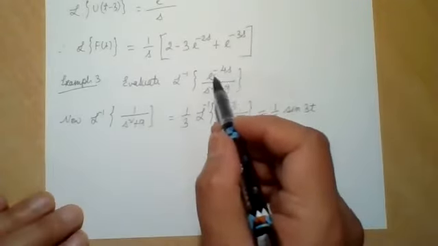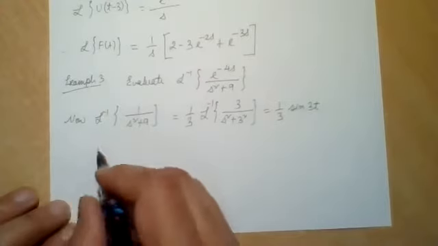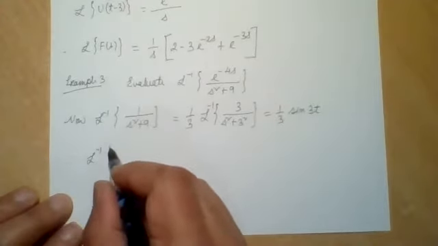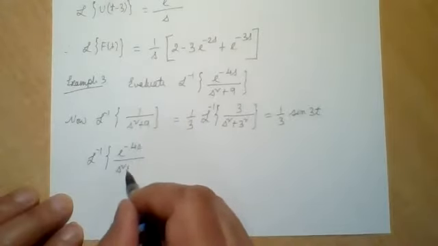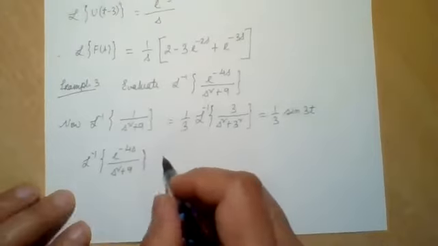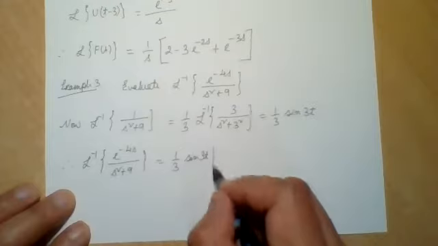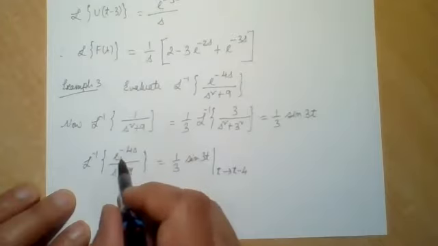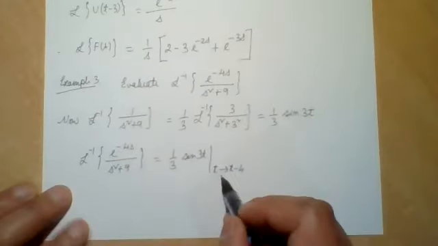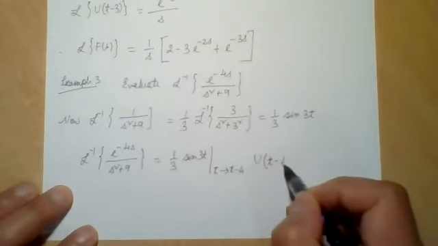So this e to the power minus 4s will only cause a shifting of the time variable here. Therefore, the inverse Laplace transform of e to the power minus 4s by s square plus 9 would be 1 by 3 sine 3t, and this t will be shifted to t minus 4. Since we have e to the power minus 4s, t should be shifted to t minus 4, and then it should be multiplied by u of t minus 4.